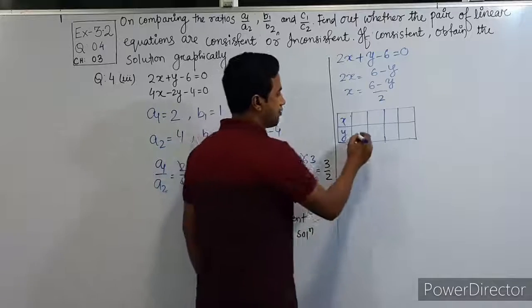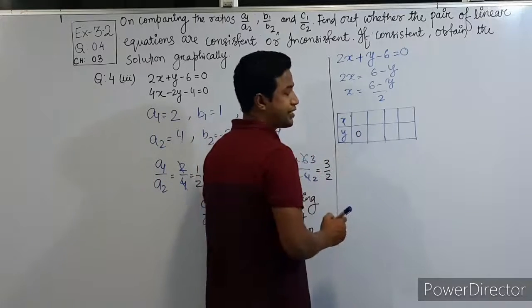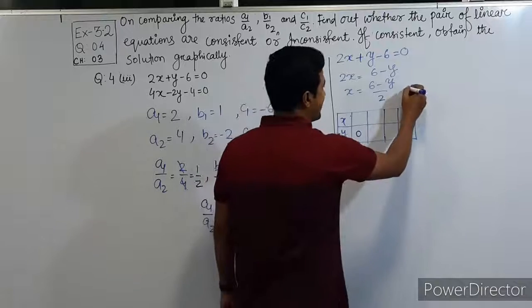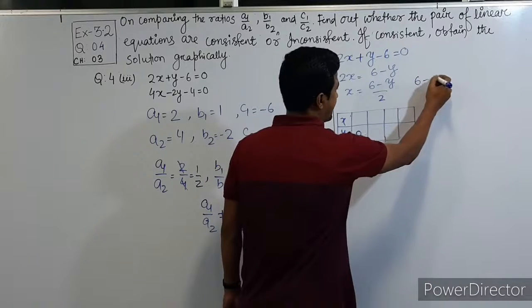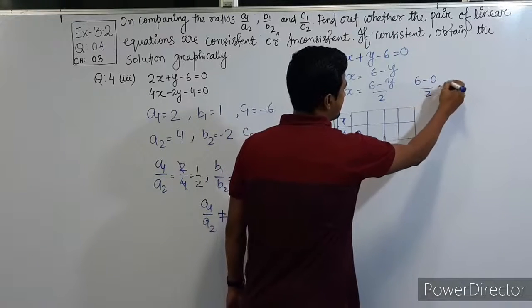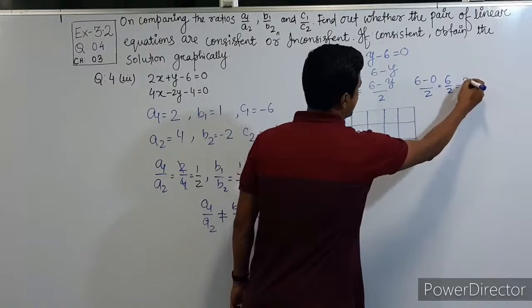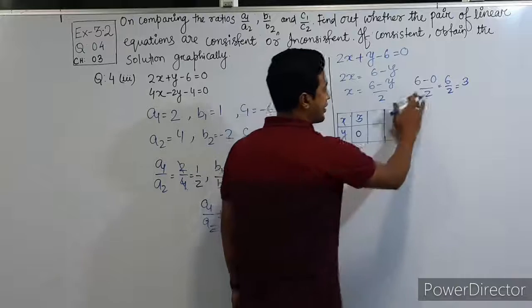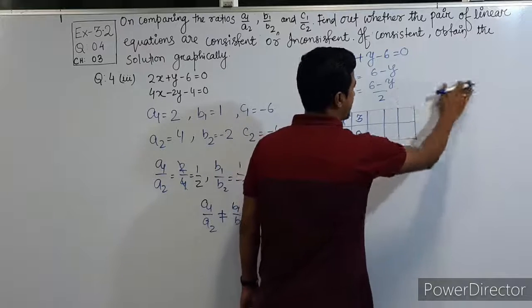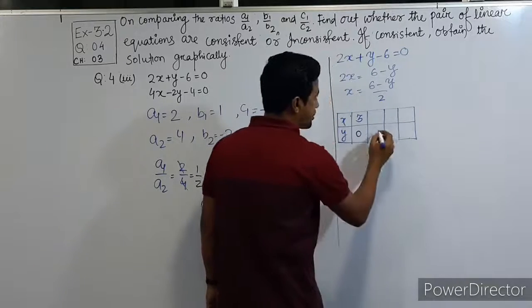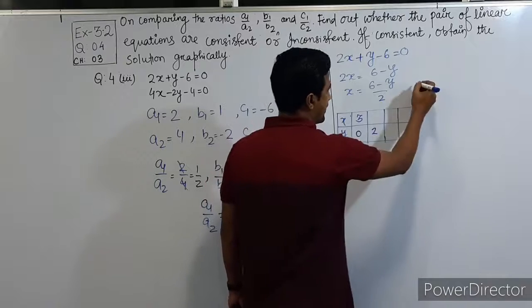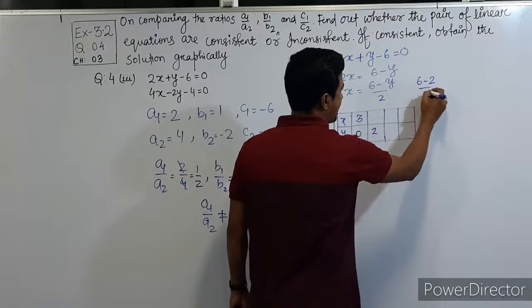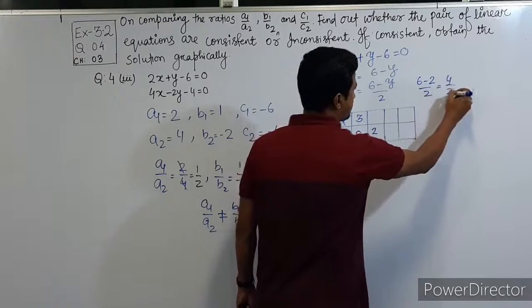So let's put y is equal to 0. When I put y is equal to 0, I get 6 minus 0 by 2, which is 6 by 2. My answer is 3. Now the next point. If I put 2, I get 6 minus 2 by 2, that is 4 upon 2.